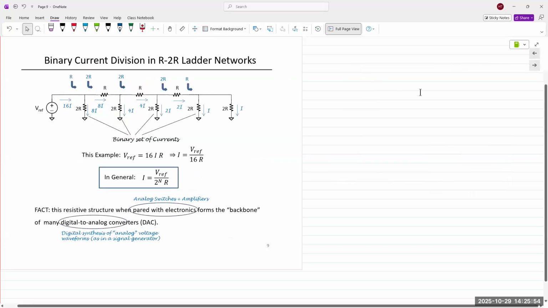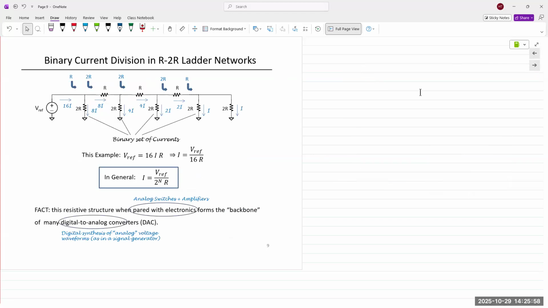R2R ladder networks. Okay. This kind of circuit is known as a ladder network or ladder circuit. Think of it as lying on its side, and you can see multiple steps and rungs on that ladder, right? Now, it's comprised of 8 resistors in this case. You'll see from the analysis, they will turn out to be either in series or in parallel.